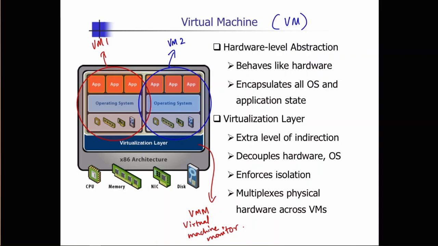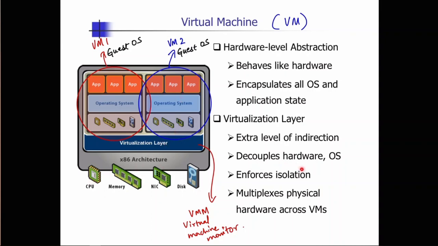So, what does this hardware level abstraction include? It encapsulates all the operating system and application state within that virtual machine. And this virtualization layer, which sits underneath those virtual machines, which are also called guest operating systems, provides an extra level of indirection between the virtual machines and the actual physical resources.